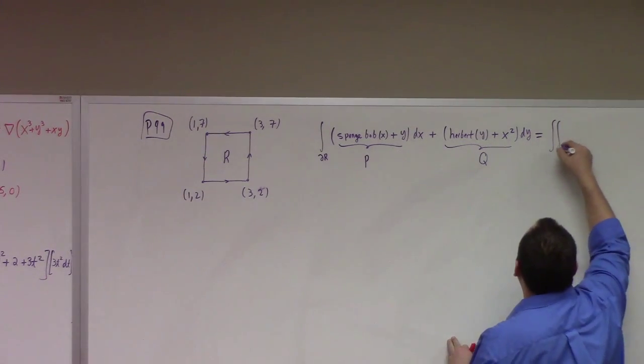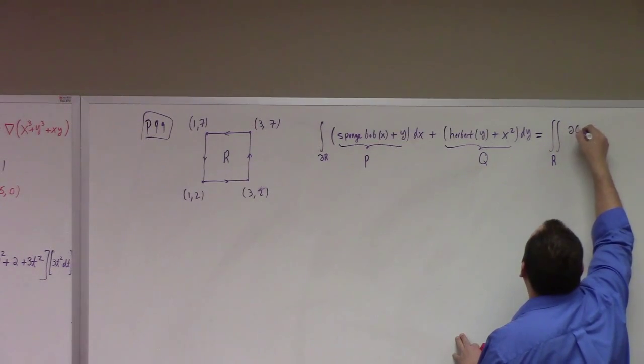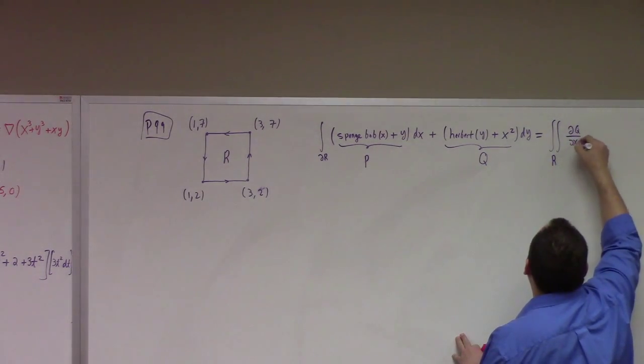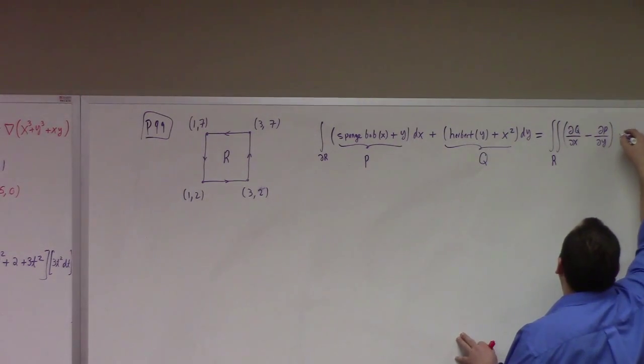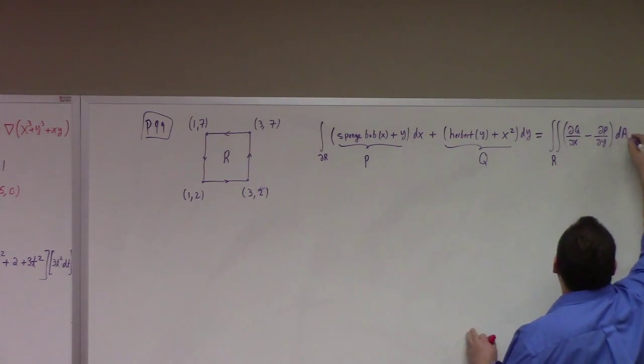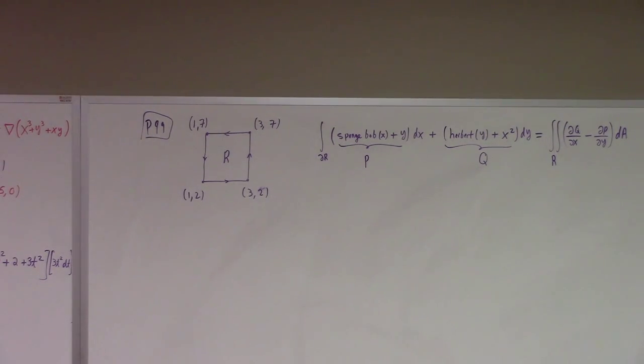You do the double integral over the rectangle of partial Q partial x minus partial P partial y. We proved this the other day, that this is a theorem of integral calculus of several variables. And so with that in mind, my point is I can put pretty much any function I want.